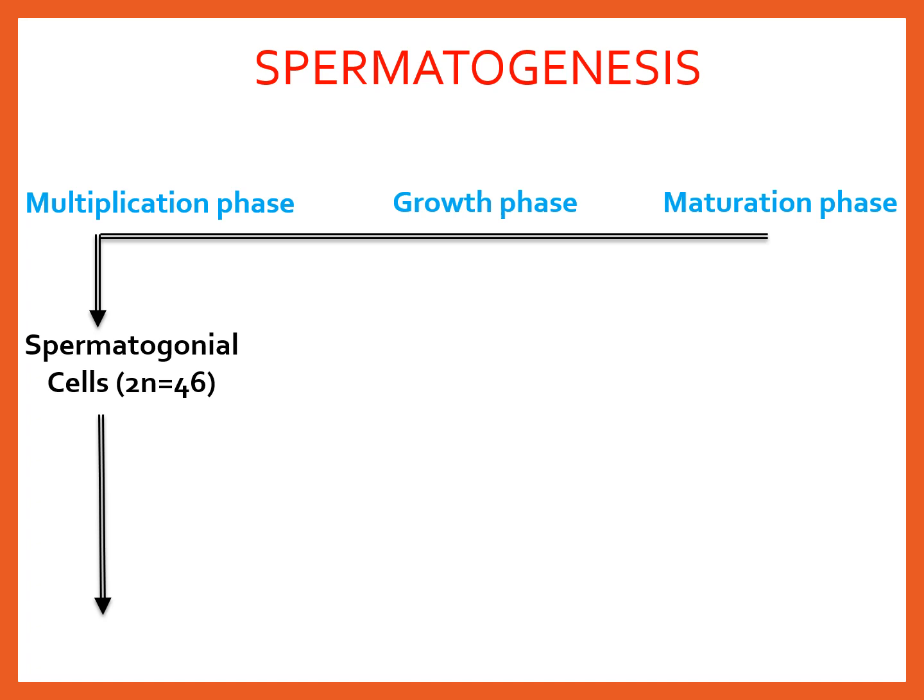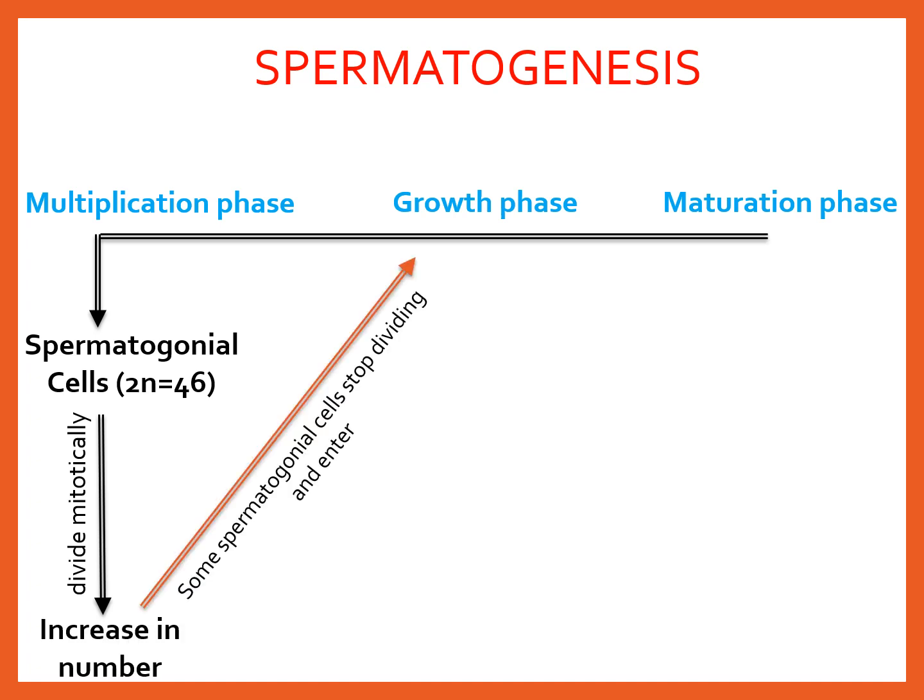In the multiplication phase, the spermatogonial cells, which are 2n, that is, diploid, divide mitotically to give rise to more number of cells.